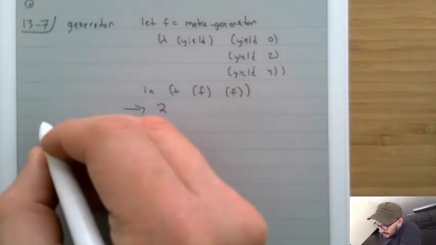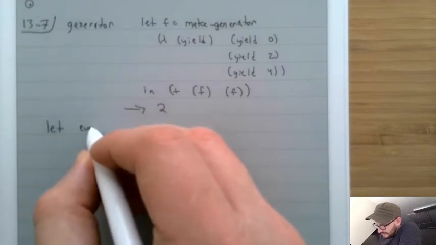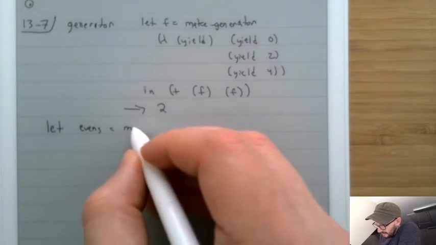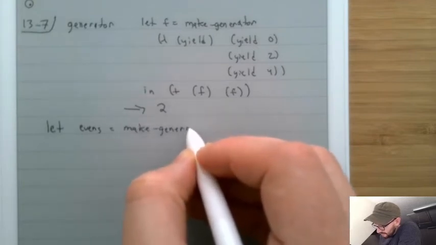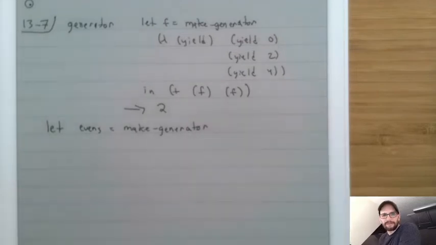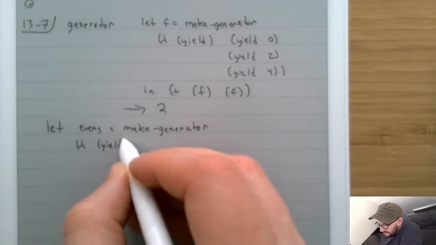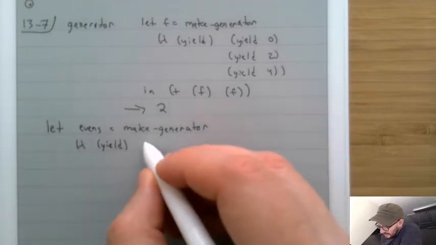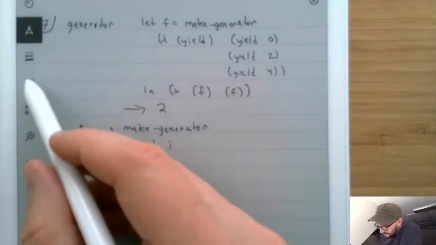Here's another example generator. Let evens be make generator. Okay. Lambda yield. Then we'll say let I, actually, let's do it like this.